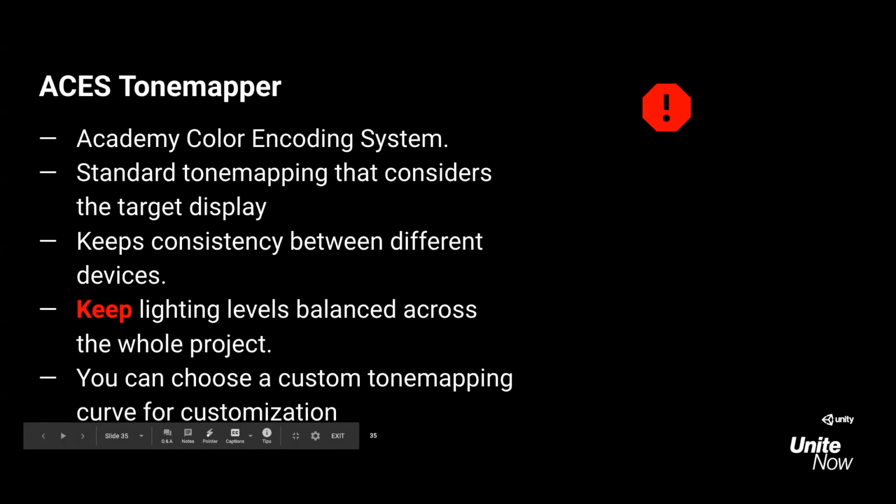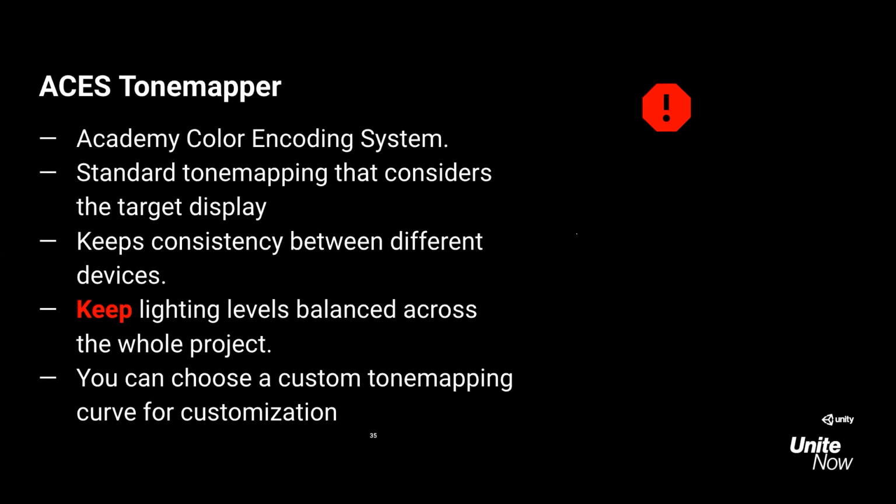And we can, again, create a custom tone mapper, but we usually use the ACES tone mapper, or Academy Color Encoding System mapping. What is this? Basically, it's a standard tone mapping that takes care of all of that for us. It will do the conversion from outside the 0 to 1 range to the 0 to 1 range, and also will take into account that our screen can have different lighting intensities.